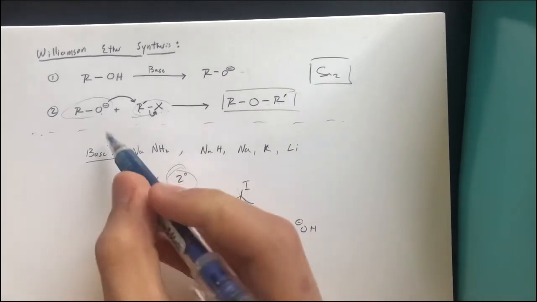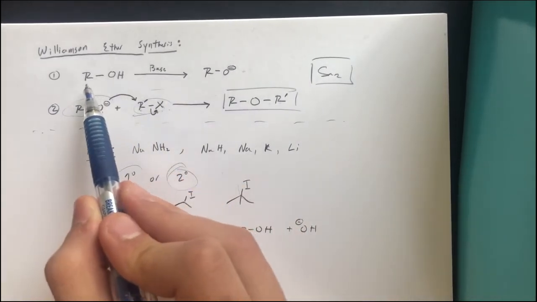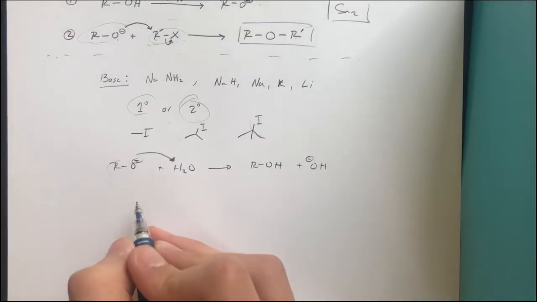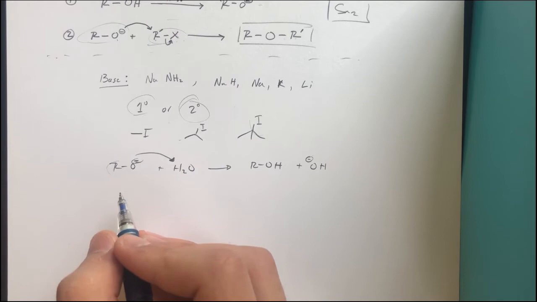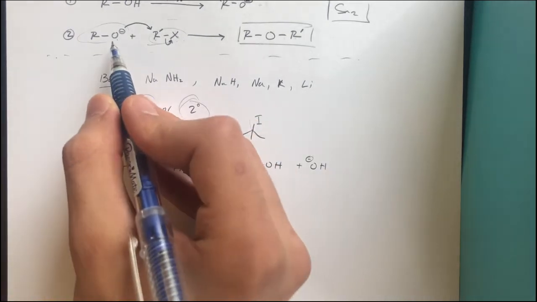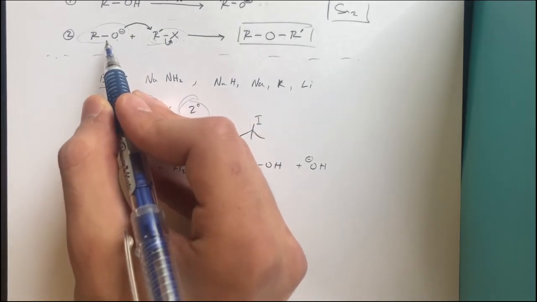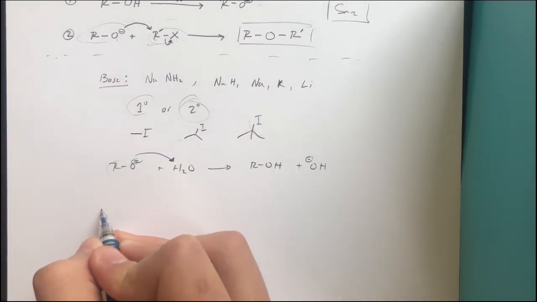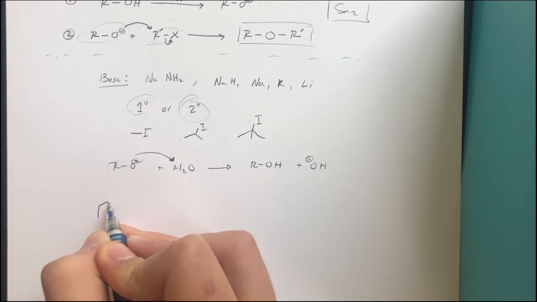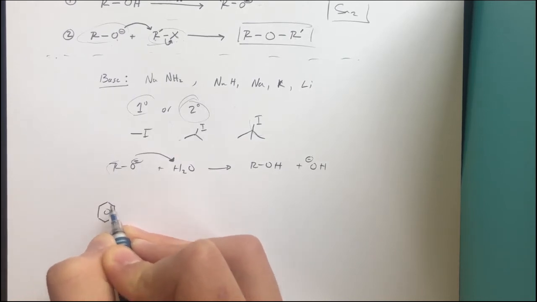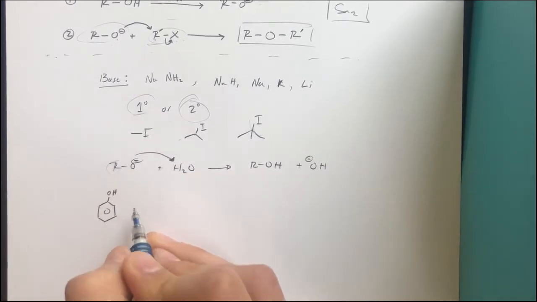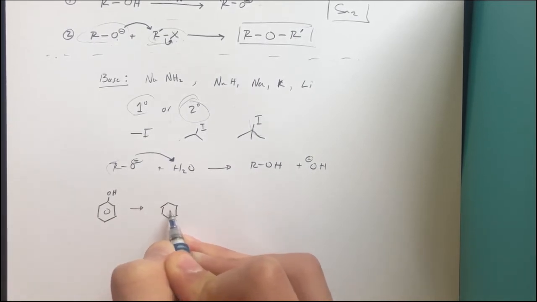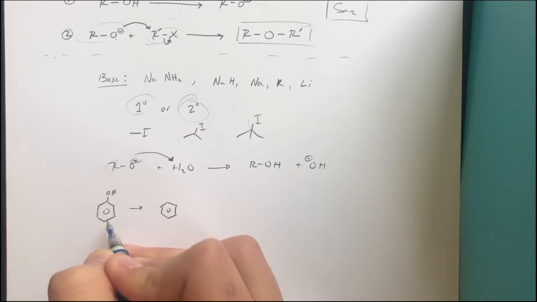You also don't need to do the first step and can just get a sodium alkoxide version of your alkoxide. For example, if you want phenoxide, this is benzene with OH, called phenol.